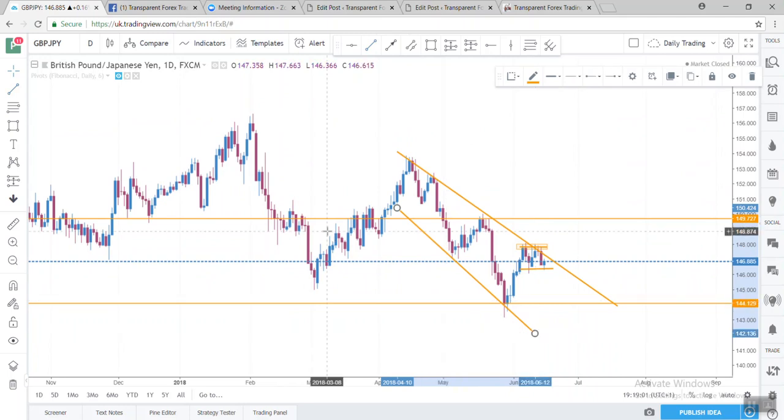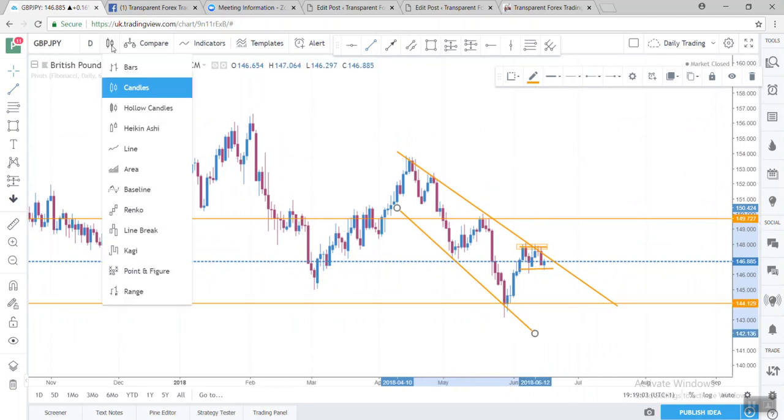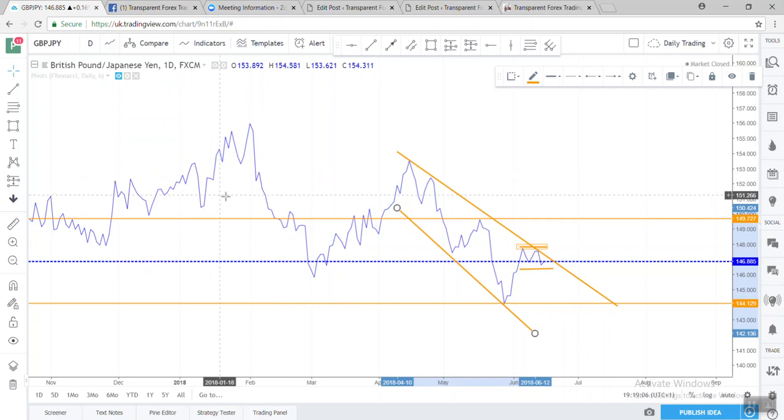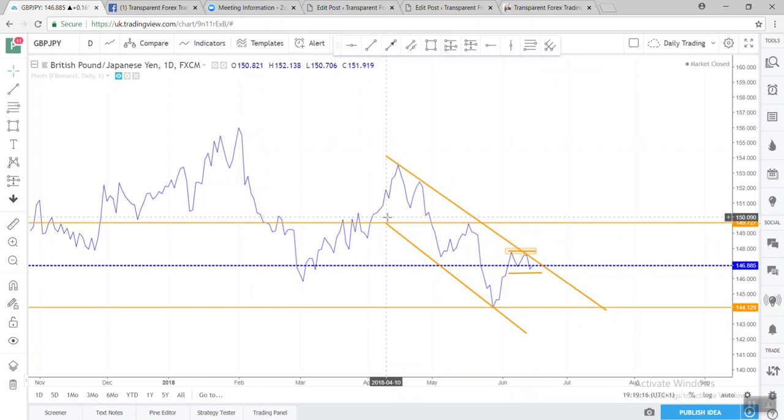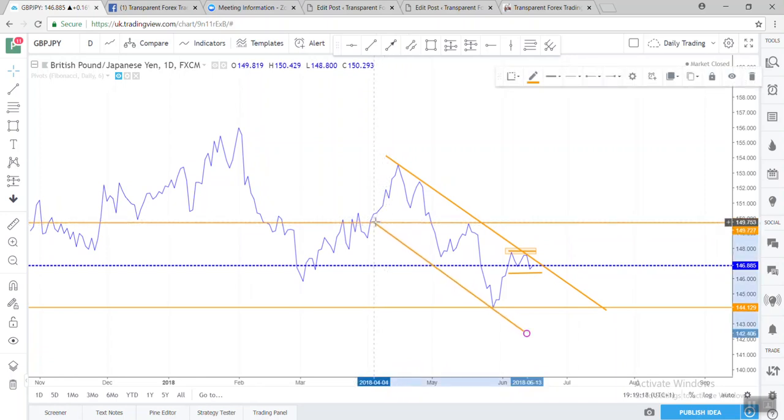Just go to the lines again. If you went from there to that, you've only got one. So you've possibly got two there.